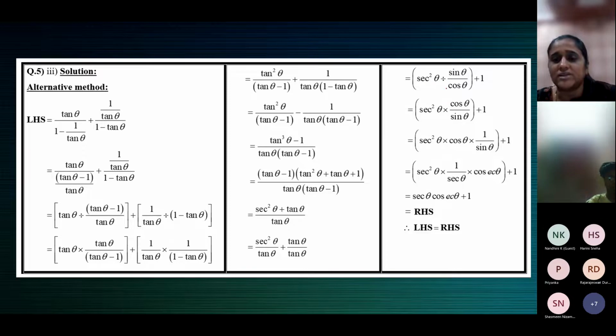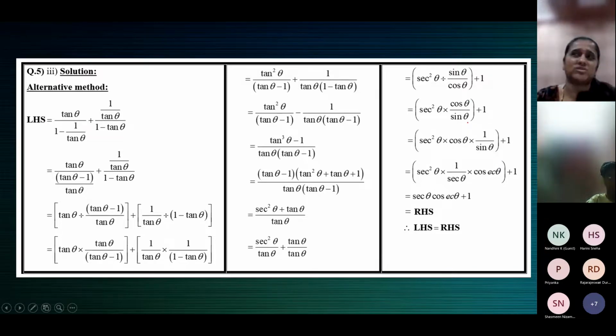I have written secant square theta as it is, into the reciprocal, cos by sine, plus 1, because division becomes multiplication and reciprocal. So secant square theta into cos by sine, which is cos theta into 1 by sine theta.